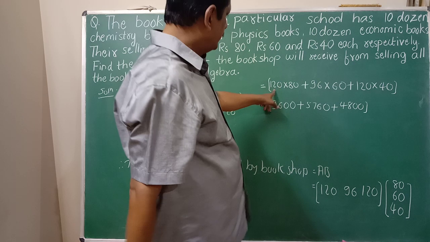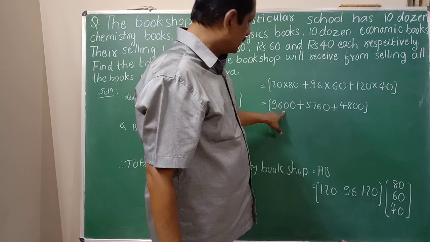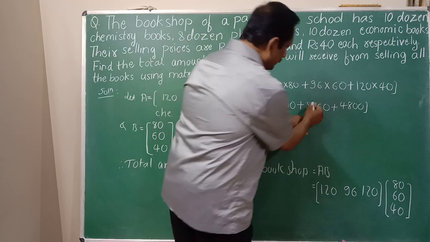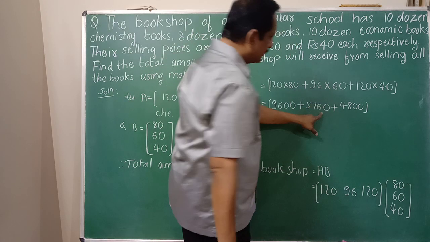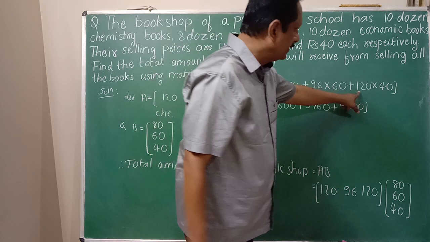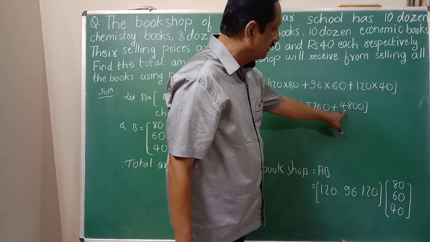So 120 into 80 becomes 9,600, 96 into 60 becomes 5,760, and 120 into 40 becomes 4,800.